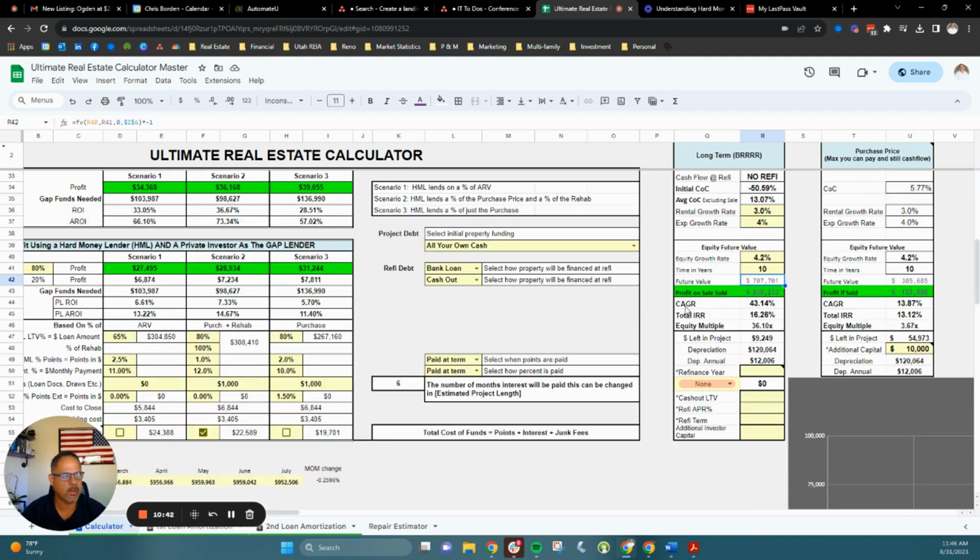And if I sell the property with my existing debt on it, I should have an overall profit of about 340. And again, just take these scenarios with a grain of salt. You would need to put your own information in there. I know that I'm going to have a 43% compounding growth rate, a 16% IRR, and a 36% multiple.